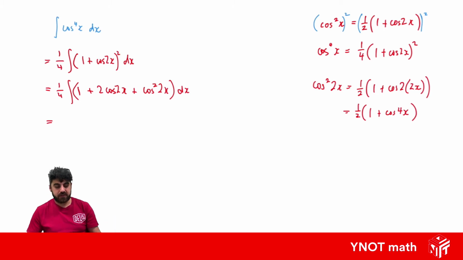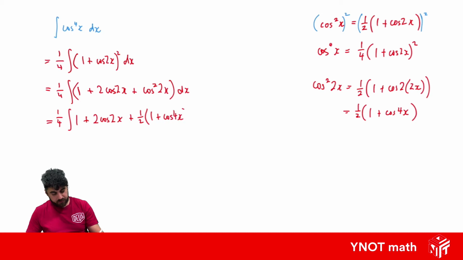And that's what we want to sub in for cos squared 2x. So we're going to get a quarter outside of 1 plus 2 cos 2x plus a half outside of 1 plus cos 4x, and all of this we need to integrate with respect to x.